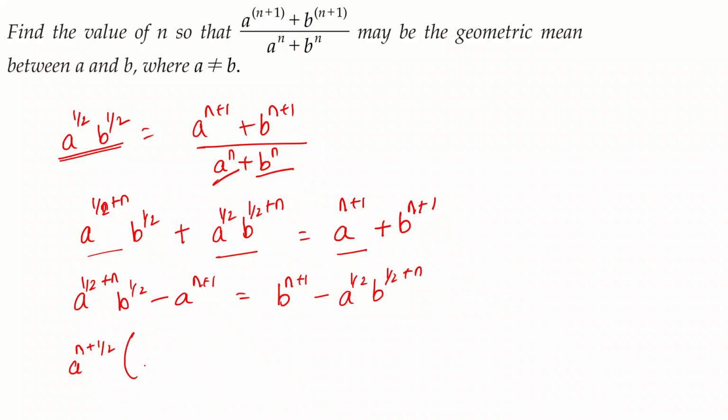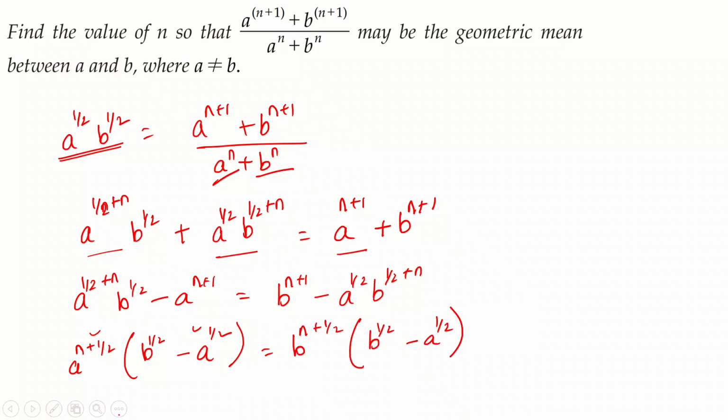So we have b^(1/2) minus a^(1/2), because if you multiply this with this, you will get a^(n+1), since half plus half gives 1. Similarly, I can take b^(n+1/2) common, so I get b^(1/2) minus a^(1/2).